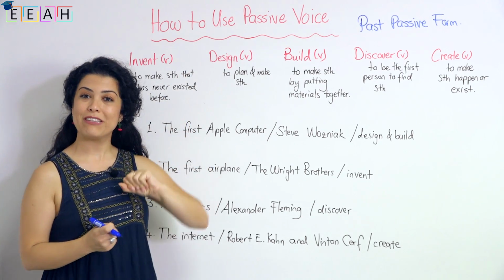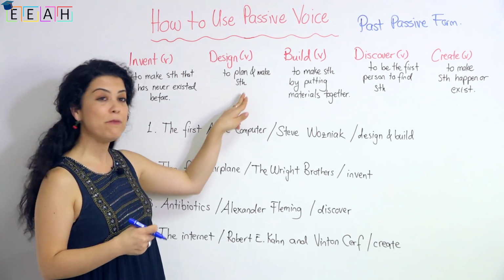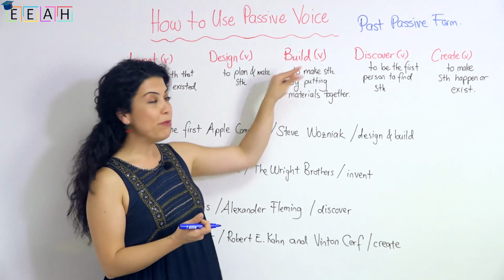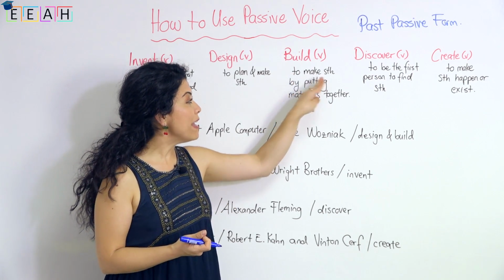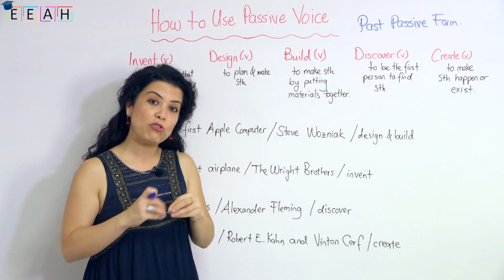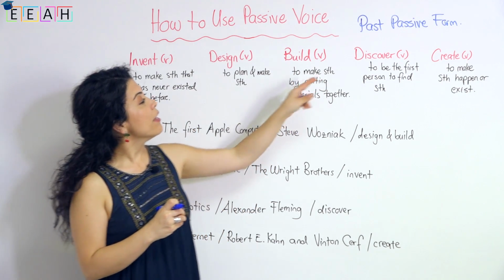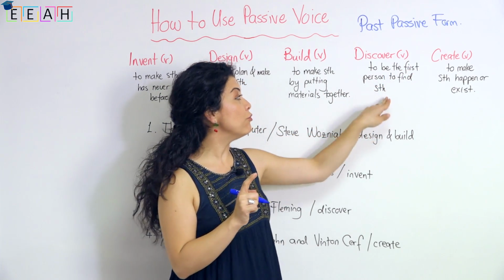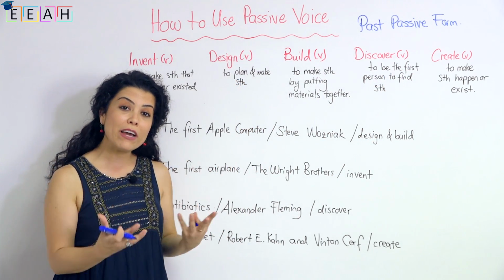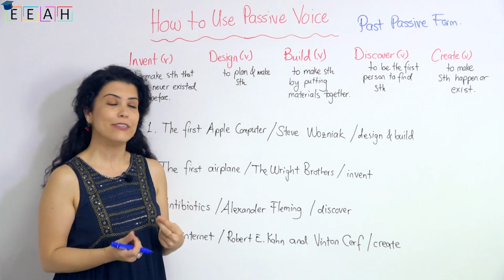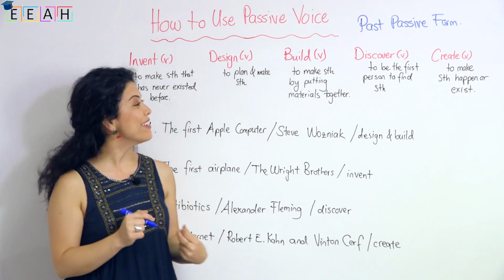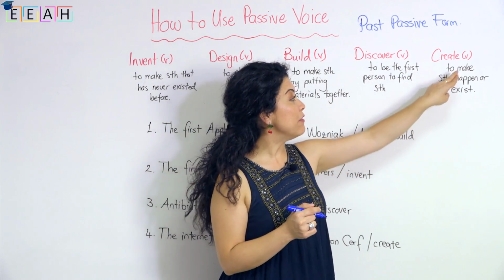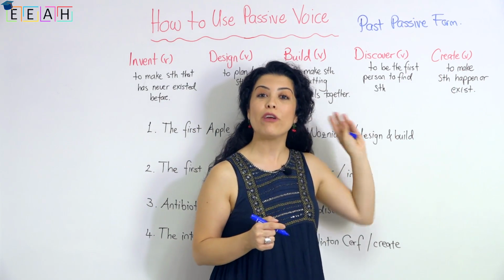To design, on the other hand, means to plan and make something. To build means to make something by putting materials together. Okay? And to discover means to be the first person to find something. So you find something which is already there. Okay? You don't make it, you find it. And to create means to make something happen or exist.